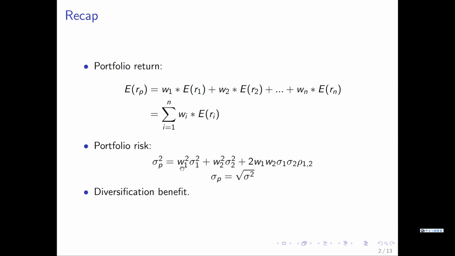Those W's again are the weights on individual assets, and those sigmas are individual assets' standard deviation or variance. And the rho is the correlation coefficient between any two assets. The rho measures how the returns of two assets co-move with each other. It ranges from -1 to 1.